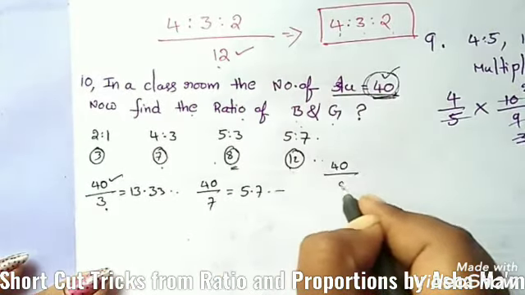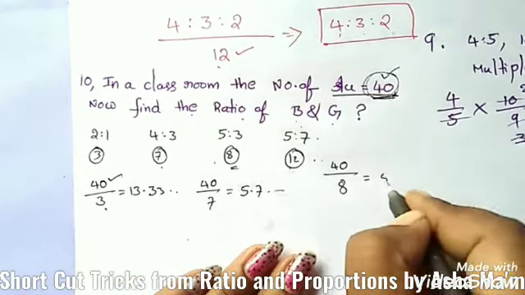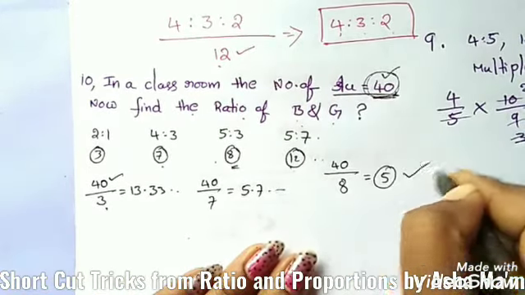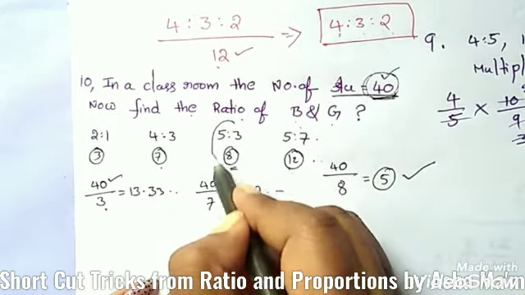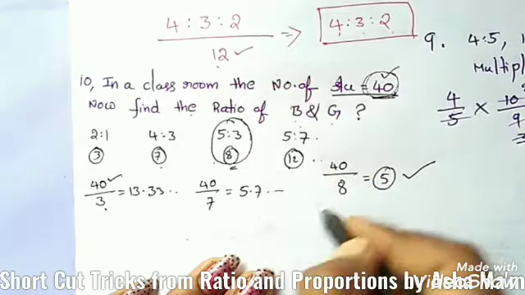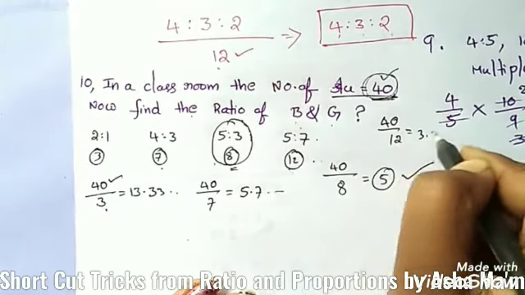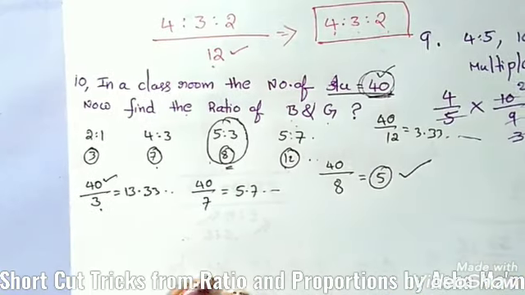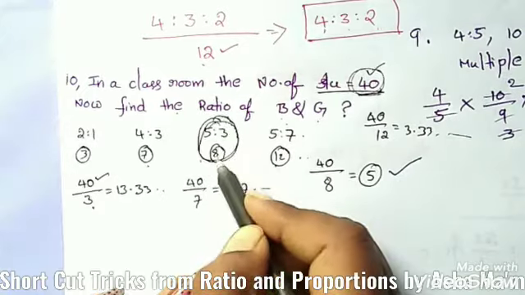Now 40 by 8 is equal to 5 times. So this 40 divisible by 8. This may be the correct answer. Now 12. Let us see this also. 40 by 12 is equal to 3.33 something you should get. Now the correct answer is 5:3. This is the ratio.